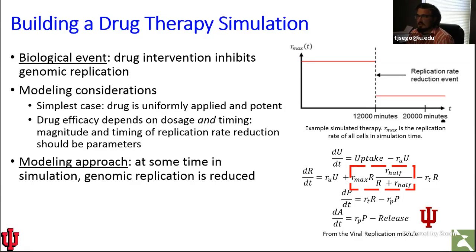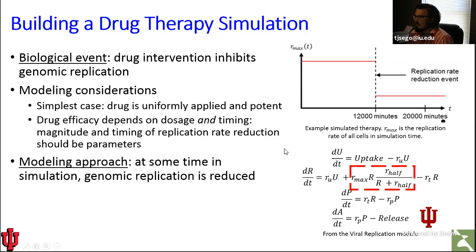Fortunately, this can be done quite simply with just a couple of lines of code. As an overview, we would like to simulate the event where some drug intervention inhibits genomic replication.